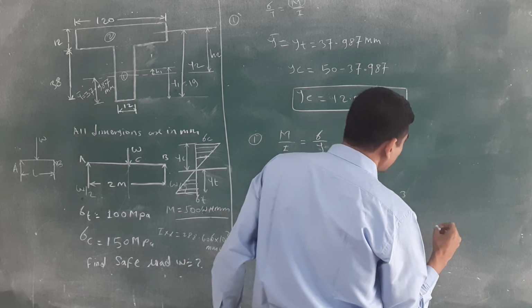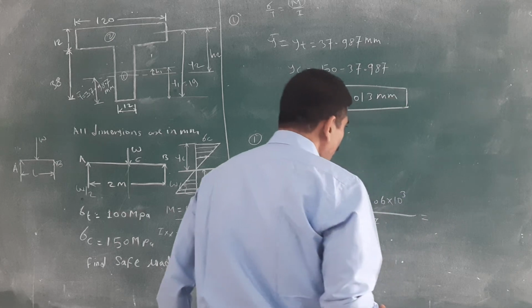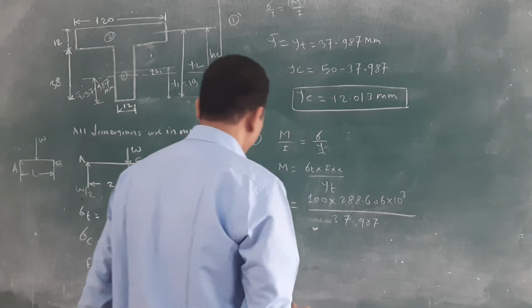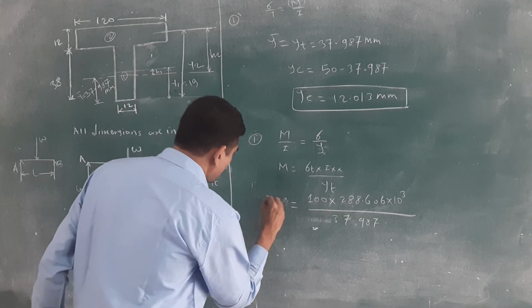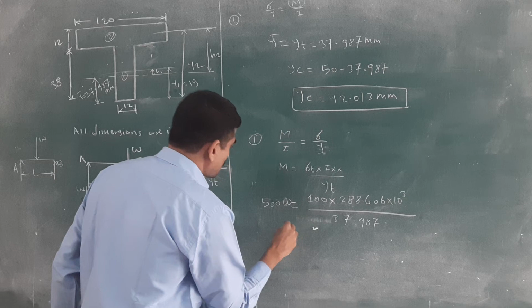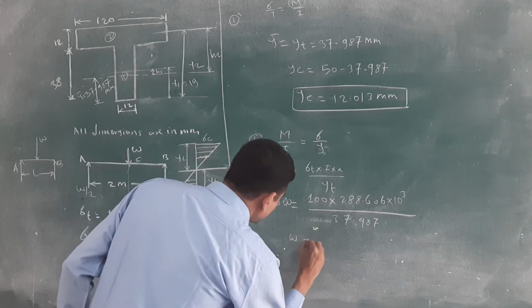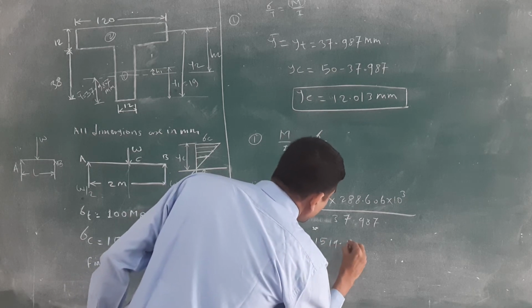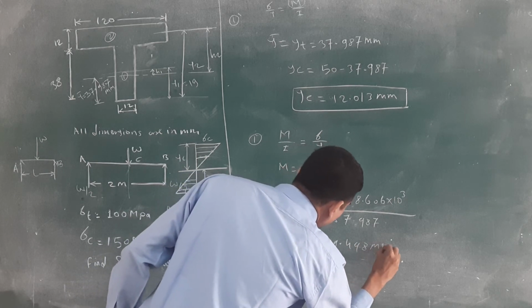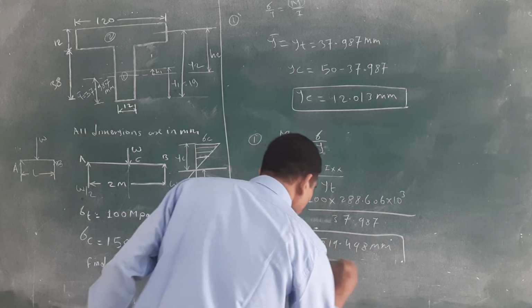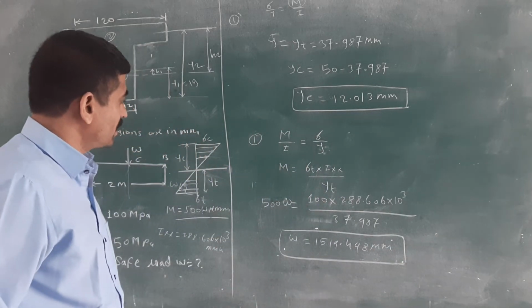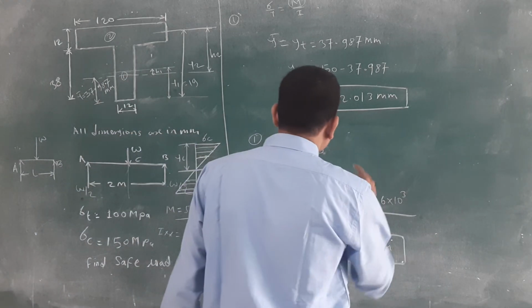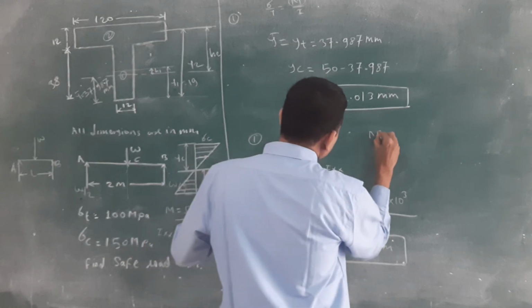This M is equal to 500 W. Then you will get W is equal to 1519.498 for the tension. You will get this value, 1519.498.